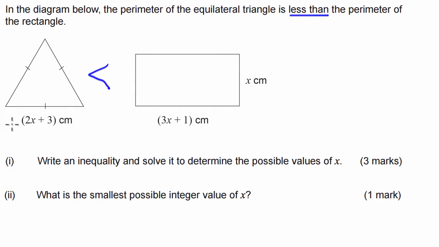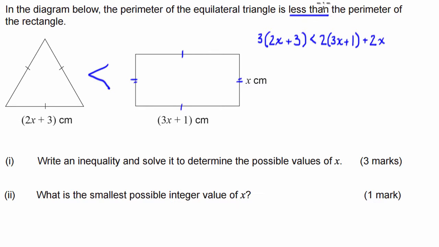Because it's equilateral, it's going to be 3 lots of 2x plus 3, and that's going to be less than the perimeter of the rectangle, which is 2 lots of 3x plus 1, because this is a rectangle, that's going to be the same as that, and this is going to be the same as this. So we're going to have 2 lots of 3x plus 1, plus 2 lots of x.